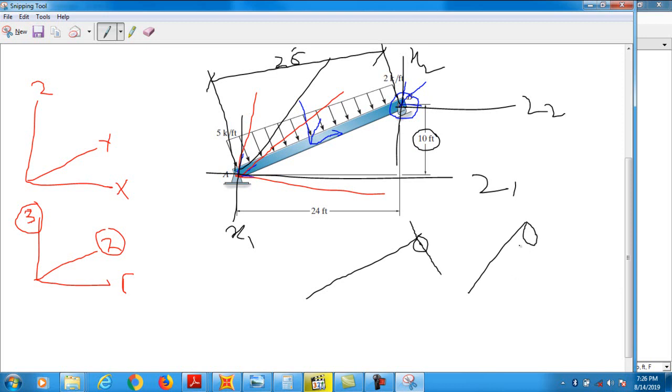Now we need to rotate. Okay, there it is in this direction. We need to rotate because this is its z, and this is its x. These are its local axes, which are parallel to the global axes. This is global axis x and z. Clear? Now we need to rotate.